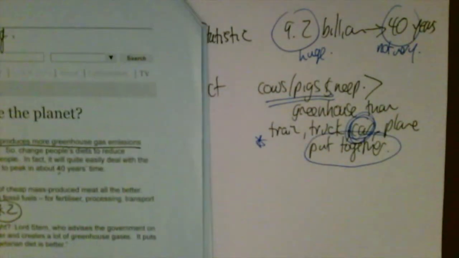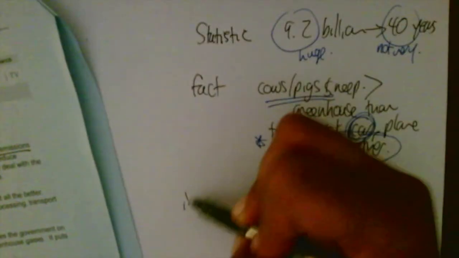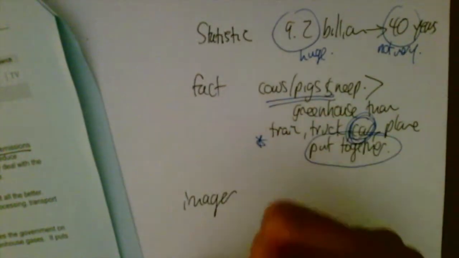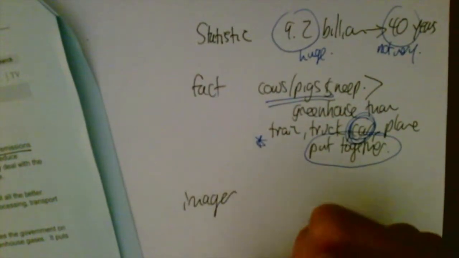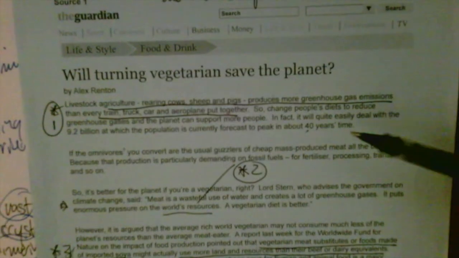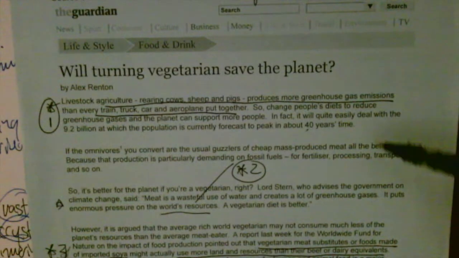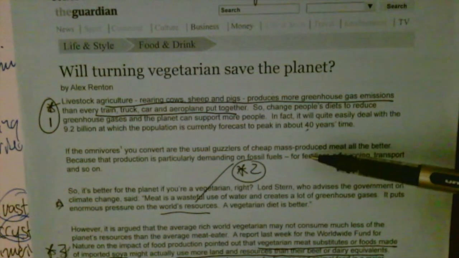Okay, well, we have that. Let's keep moving. We want some imagery, and we want contrast. Okay, so let's keep going. If the omnivores you convert are the usual guzzlers of cheap, mass-produced meat, all the better, because the production is particularly demanding on fossil fuels.